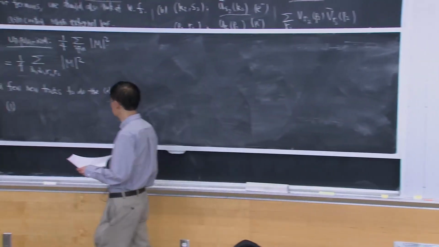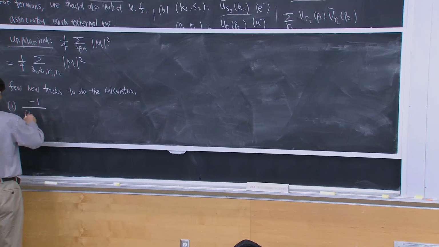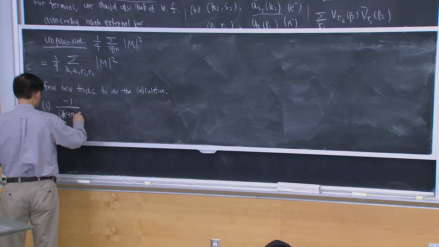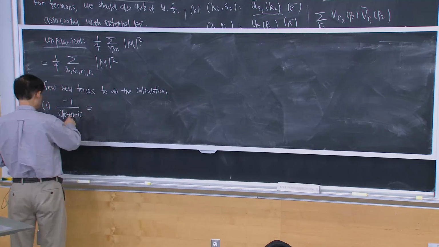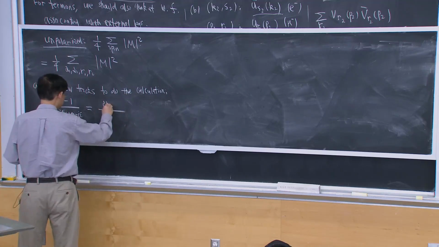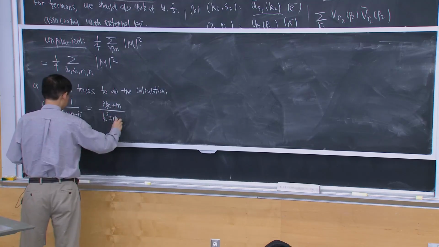When we have a propagator like this, i over k slash plus m plus epsilon, we will not worry about epsilon because the downstairs is nonzero. So this is the same as i times k slash plus m over k squared plus m squared.